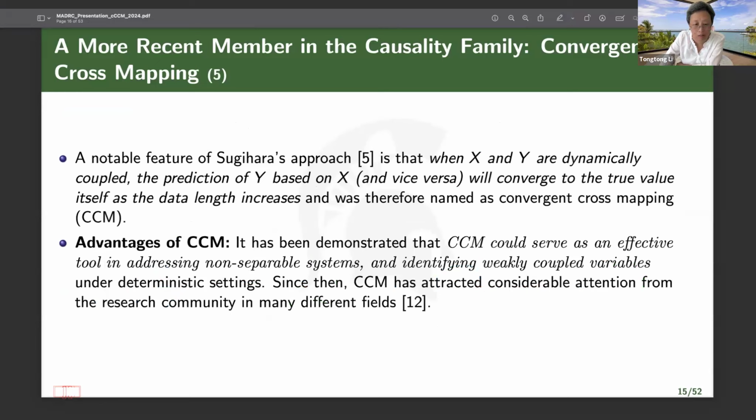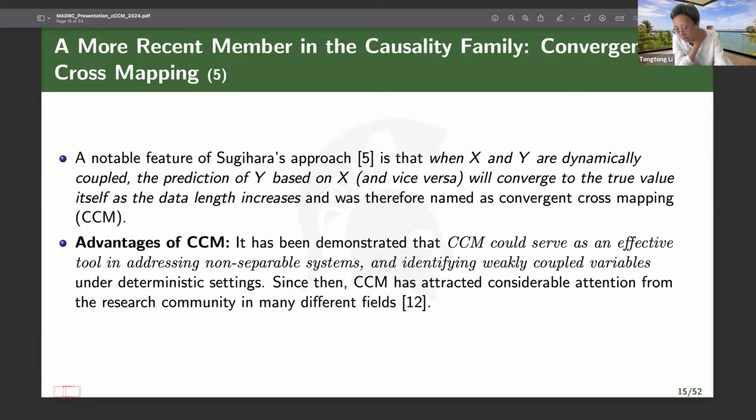And the advantage is that when X and Y are not separable, even if they're nonlinear, even if the causality between them is very weak, CCM can detect that. CCM can do that in random settings, deterministic settings, or both.